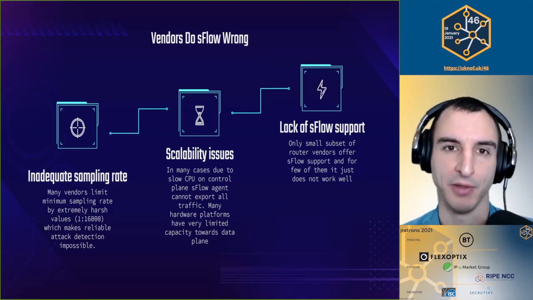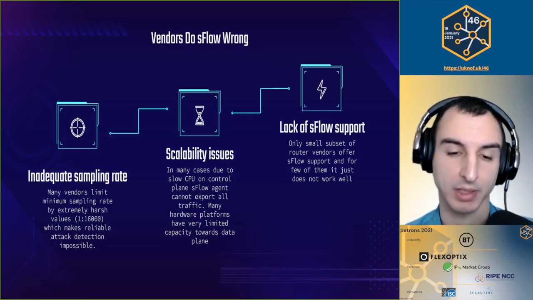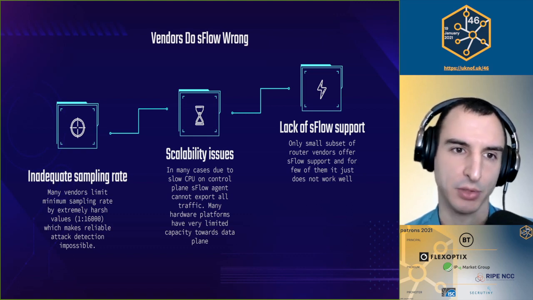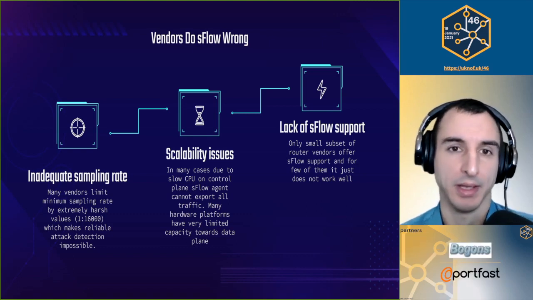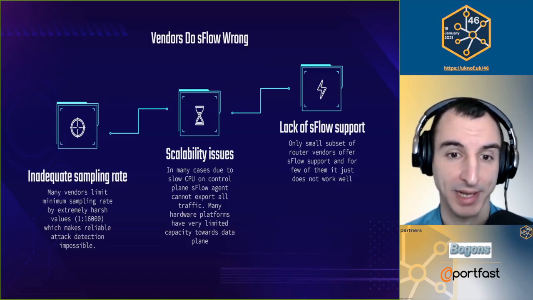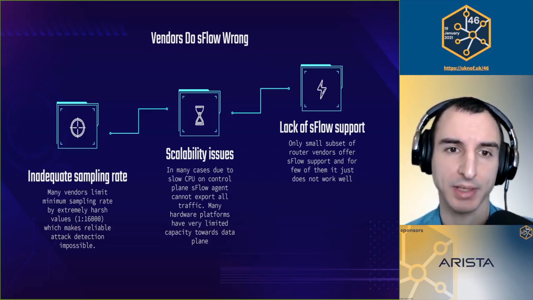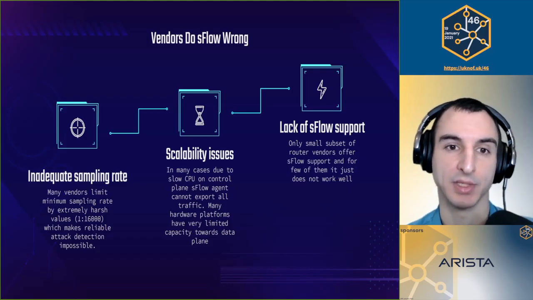But the problem is vendors. Unfortunately, quite often we can see a case when a switch vendor tries to save, I don't know how much, maybe $10, and they just use extremely slow CPUs for the control plane on switches. And as a consequence, they cannot even handle and export traffic sampled with heavy sampling rates to an sFlow collector.